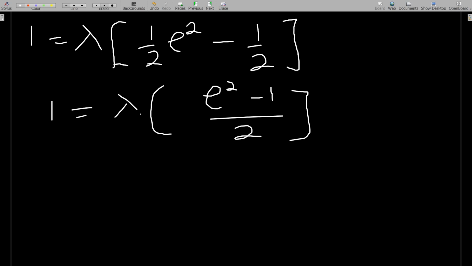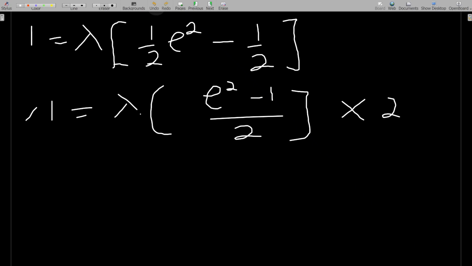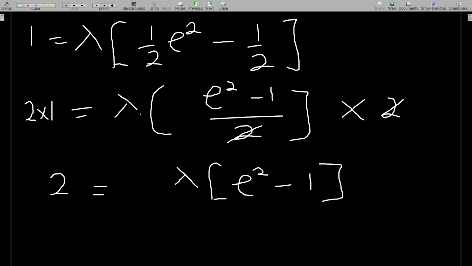If I multiply each side of the equation by 2, I have 2 times 1, so 2 is equal to lambda into e to the 2 minus 1. Then I can divide through by e to the 2 minus 1.